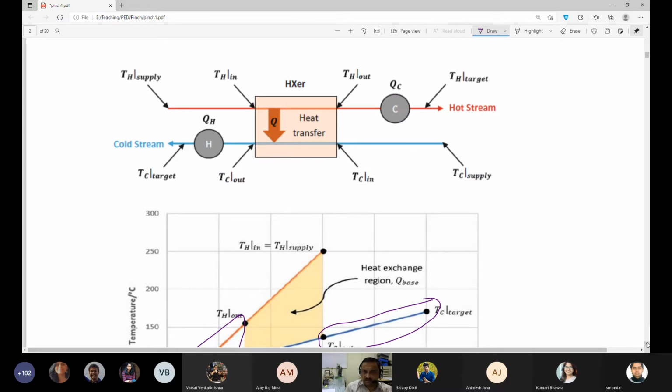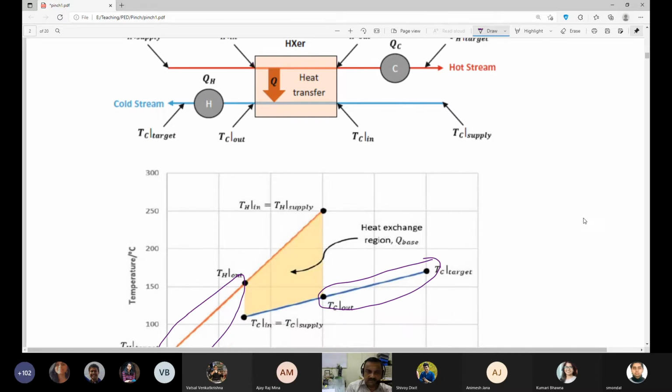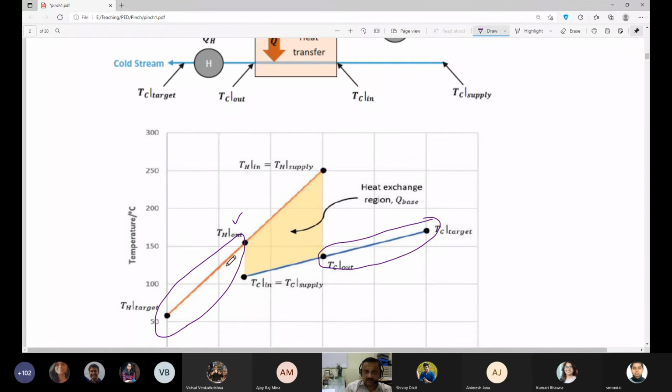Beyond that I need cooling water or a cooling utility, which reduces it further from TH out, the temperature at this location, to TH target, the temperature at this location. This is how the hot stream will be treated.